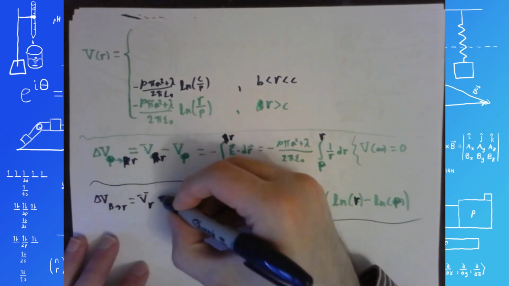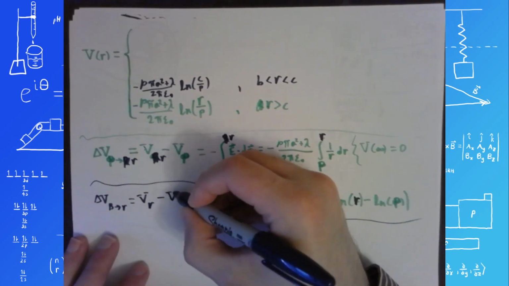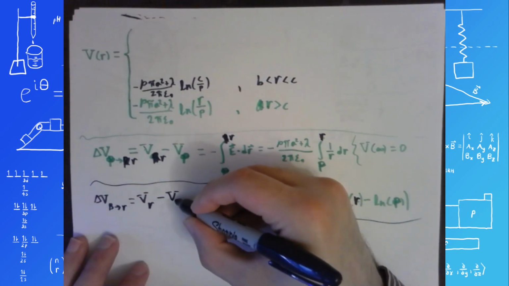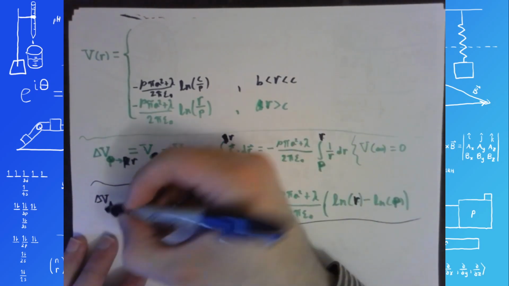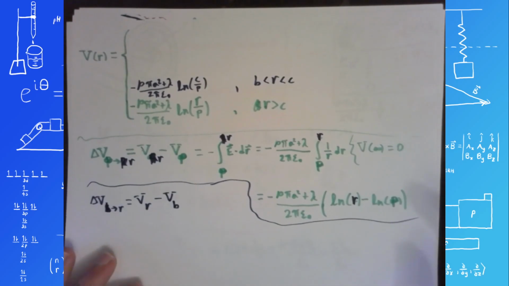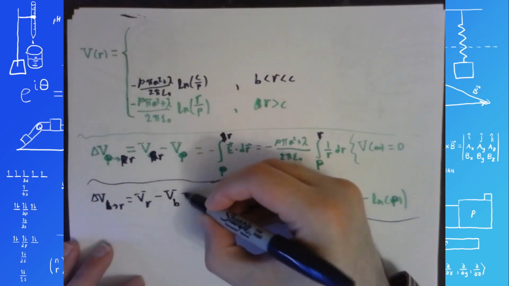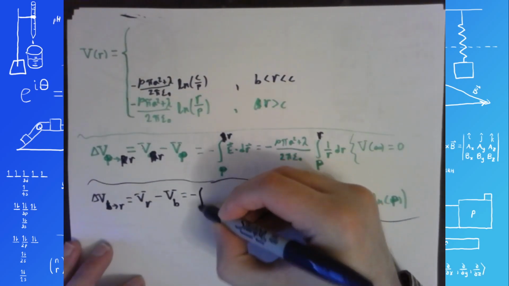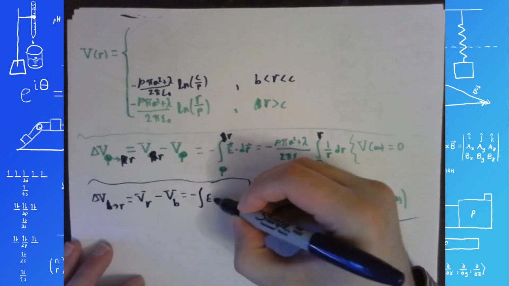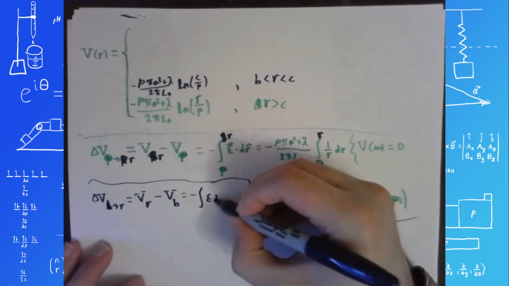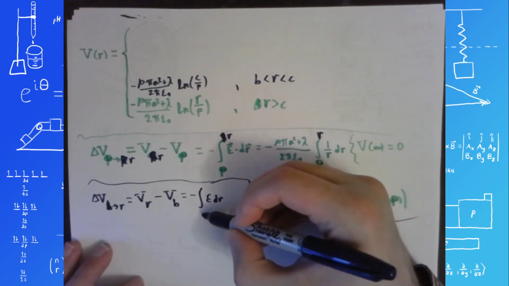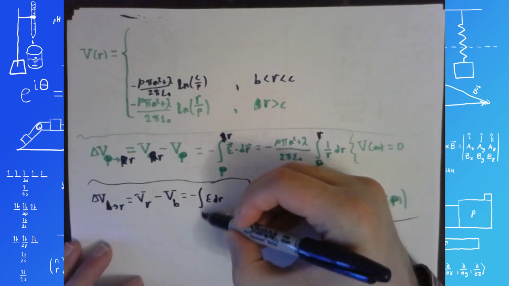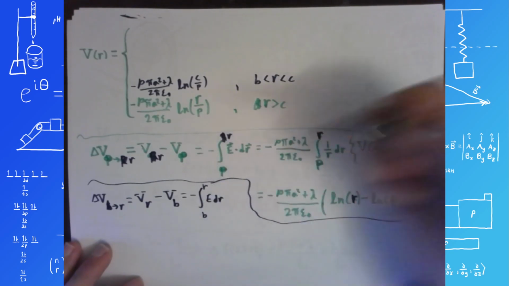Yeah, voltage at R minus voltage at B. Lowercase b, I don't know why I used a capital B there. And that's going to equal negative integral of E times dr for that region, from B to R.